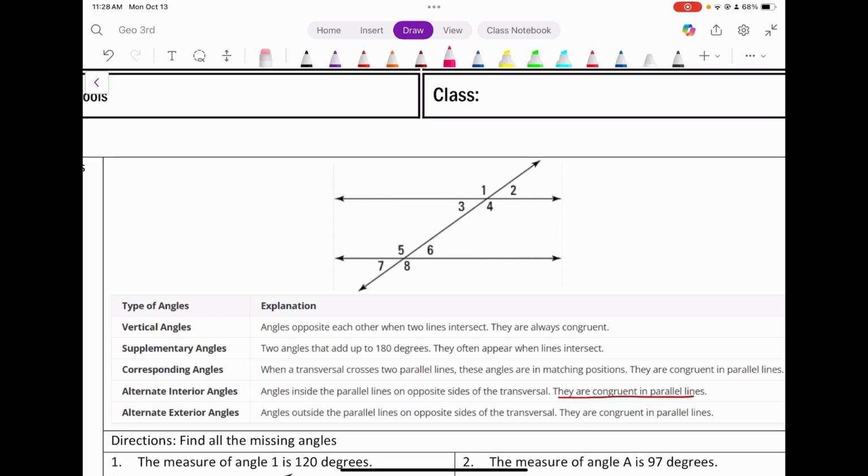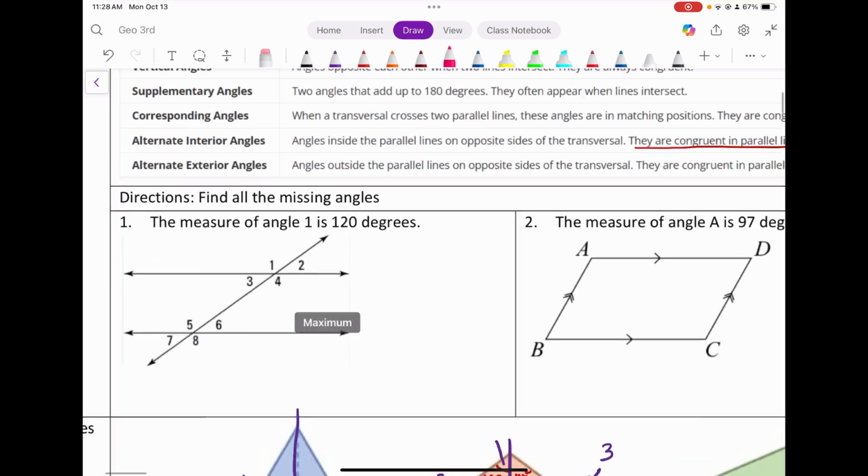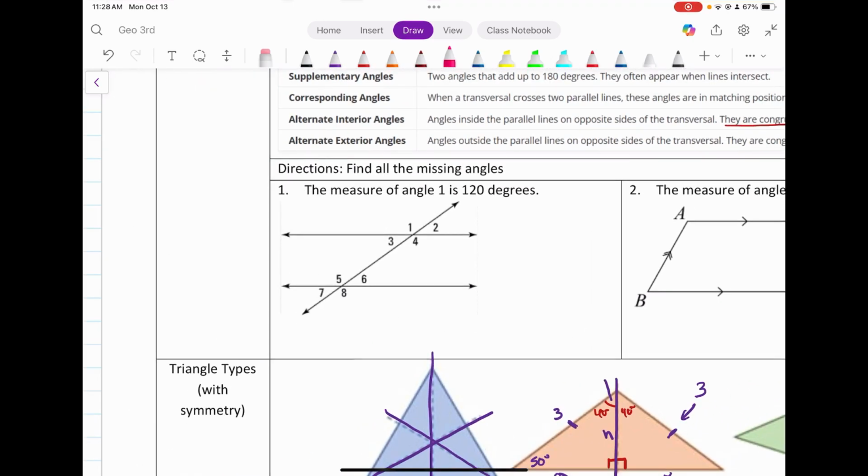So actually, if we have the measure of one angle, we'll just do the first example here. If the measure of angle 1 is 120 degrees, then we know that angle 4 is vertical with it, so it'd have to be the same. The ones that correspond with them at the bottom, which is angles 5 and 8, would also be 120 degrees. And then the other angles actually have a measurement of 60 degrees because, again, you have the straight line, so they have to add up to 180.